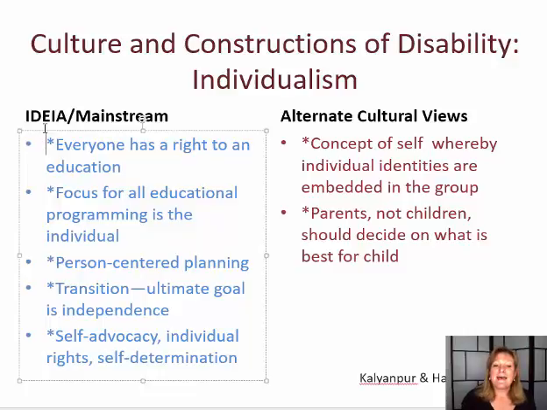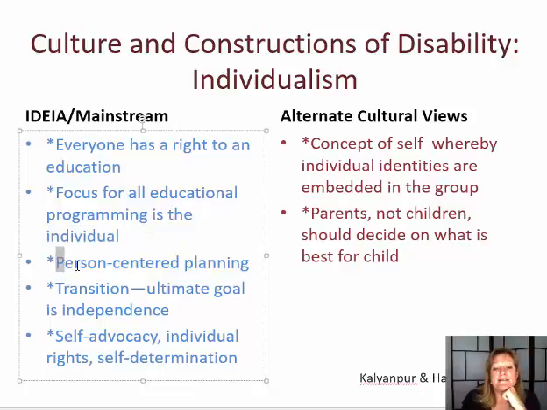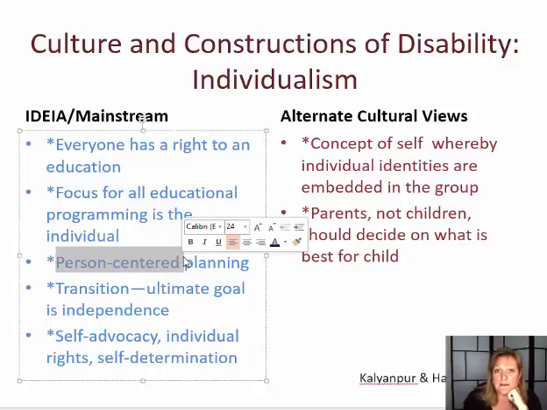And that has as its cultural foundation, or its assumptions about disability, what's embedded in that is this idea that everyone has a right to an education, that the focus for all educational programming is the individual, right? Individualized education plan. We look at person-centered planning, or what the actual individual decides that they would like to do or what they need as supports.